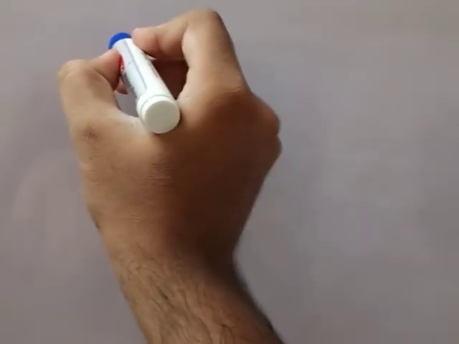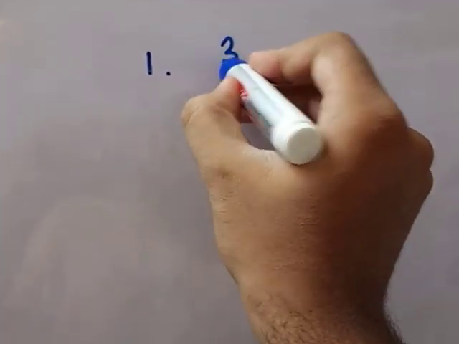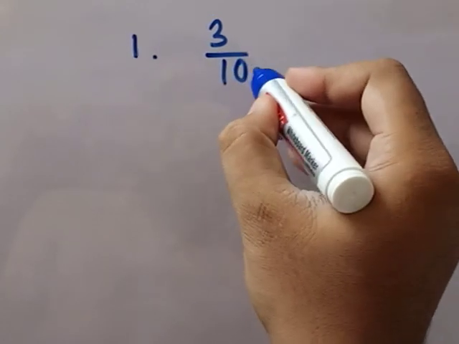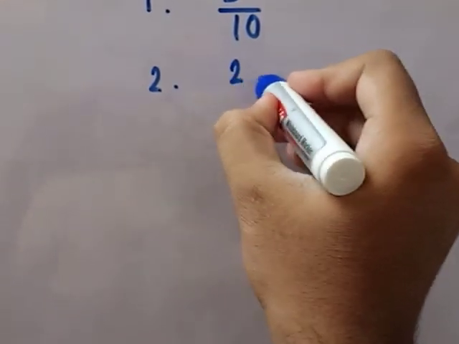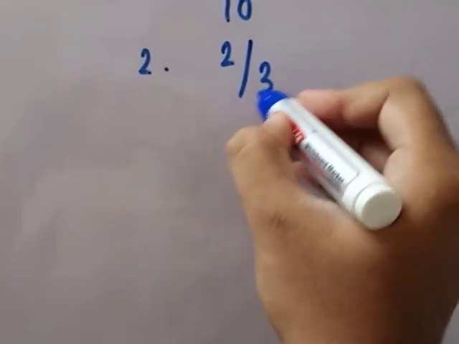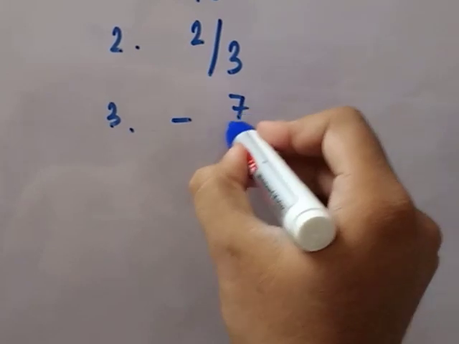So I almost completed exercise 5C. So for your improvement in this exercise, I will give 5 sums for your practice. Okay. Number 1, 3 by 10. Number 2, 2 by 3. Number 3, minus 7 by 10.